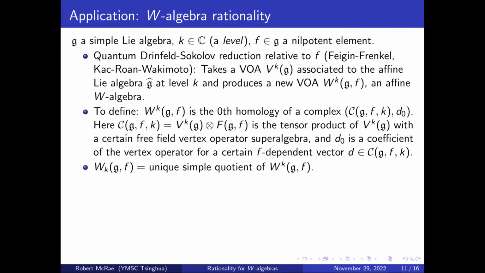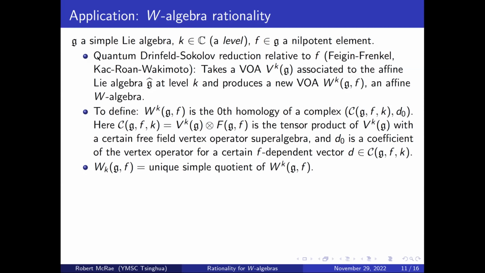The W-algebra is defined as a homology of a certain complex, the complex you get by tensoring this affine VOA with some sort of free field superalgebra, and the differential in this complex is the coefficient of some vertex operator for a certain vector in this complex that depends on f.